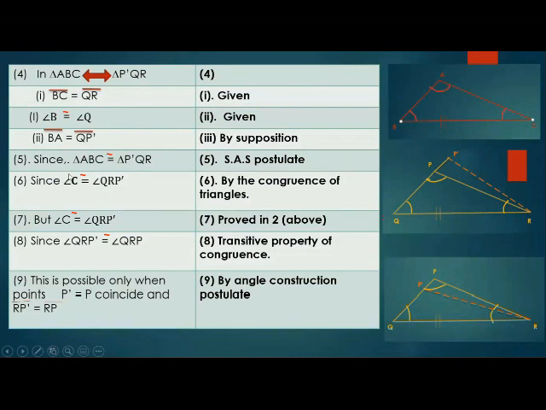So in this case, triangle ABC is congruent to triangle P complement QR. How? Because two sides and the angle between them are congruent, so the triangles are congruent by the SAS postulate.